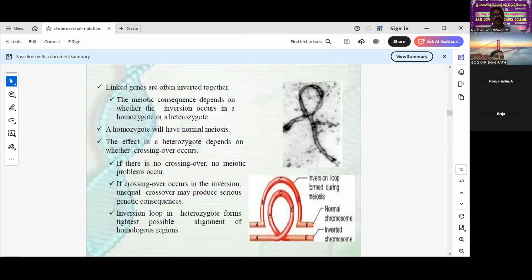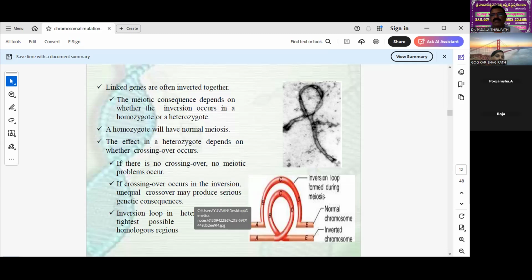The meiotic consequence depends on whether the inversion occurs in a homozygote or heterozygote. A homozygote will have normal meiosis, but when a heterozygote undergoes this inversion chromosomal aberration, at the time of crossing over, it produces different types of gametes.